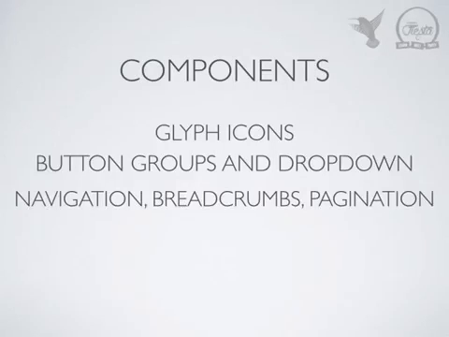Navigation, breadcrumbs, pagination. So these are all components. Navigation is usually the big navigation bar at the very top of the website where you're able to access the main parts of the application or the website. Breadcrumbs help you navigate inside of the structure.